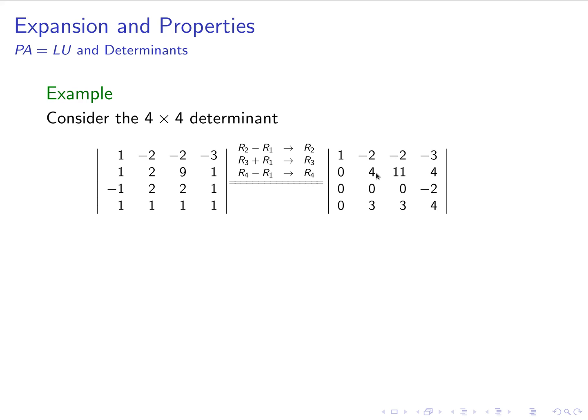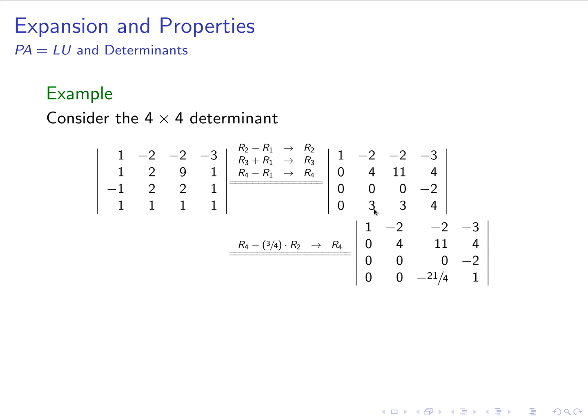And let's see if we can take that 4 and clear out all of the entries below it. Well, the entry immediately below our 4 is already equal to 0, so I don't have to worry about the third row here. But the fourth row is equal to 3. So my next operation will be to take row 4 and subtract 3/4 row 2 from it to clear out the 3 in the 4,2 position.